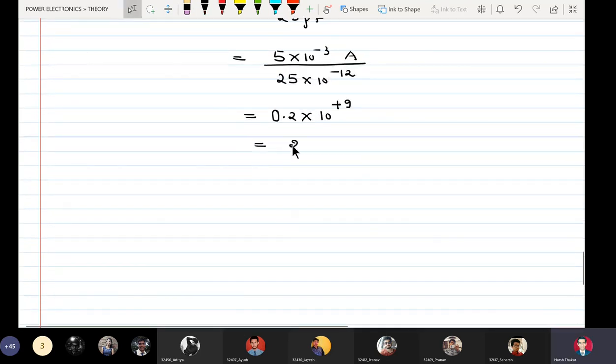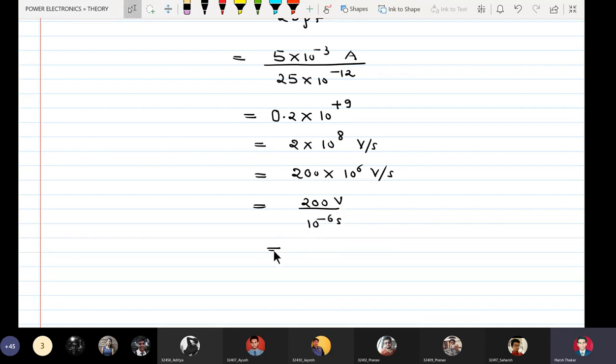Which is equal to 2 into 10 raised to 8 volt per second, which is equal to 200 into 10 raised to 6 volts per second, which is equal to 200 volt upon 10 raised to minus 6 second. So it is nothing but 200 volt per microsecond.